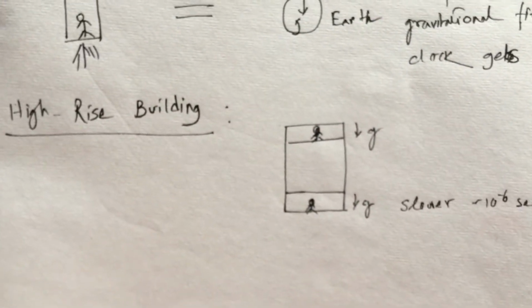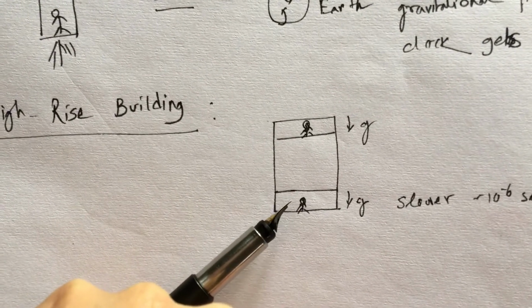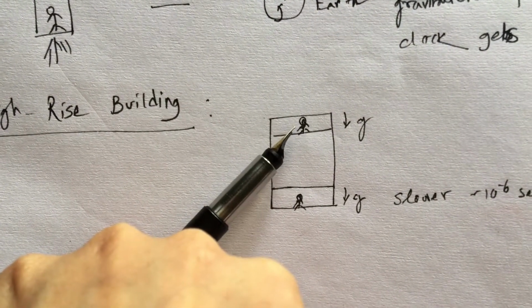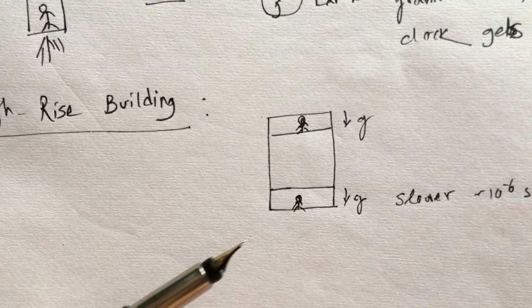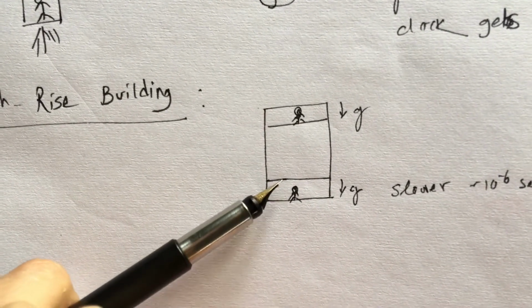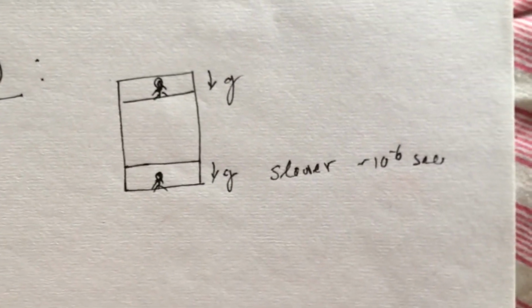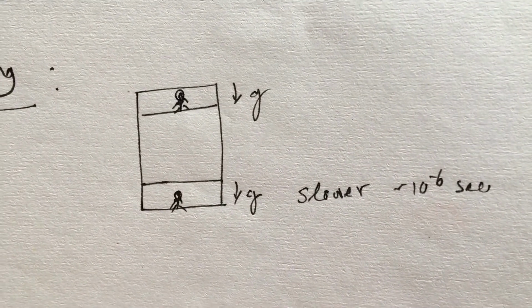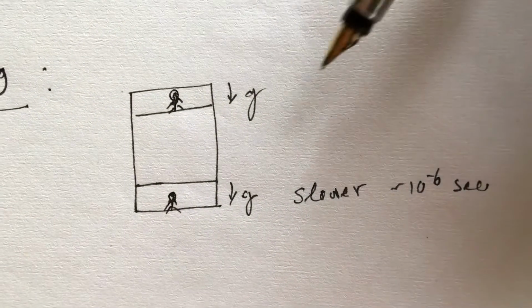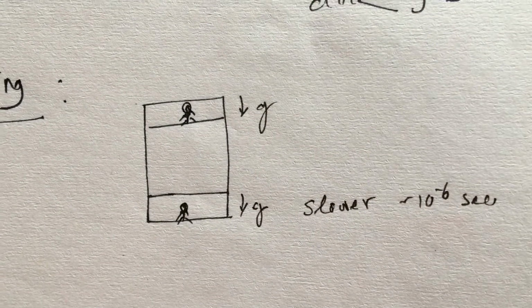So if we are in a high-rise building, who is on the ground floor and who is on the top floor, what about the clocks? The clock ticks at a slower rate here, because here the effect of gravity is slightly greater than for the person on the top floor.